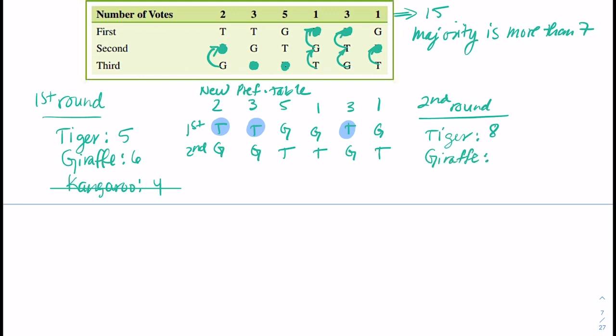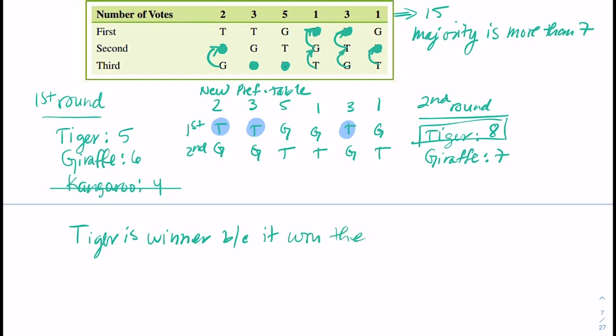The giraffe would be 5 plus 1 plus 1, or 7. So since the tiger has the majority, the tiger is the winner, because it won the majority, which again, remember, is more than 50% of the votes.